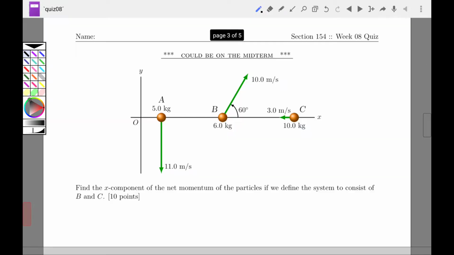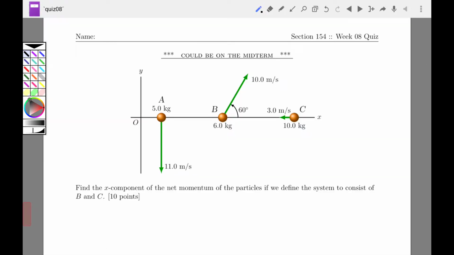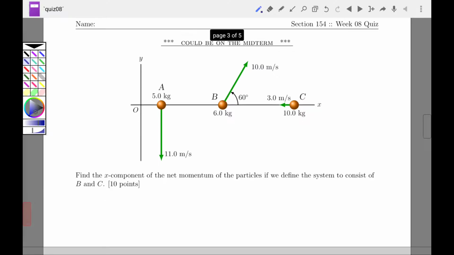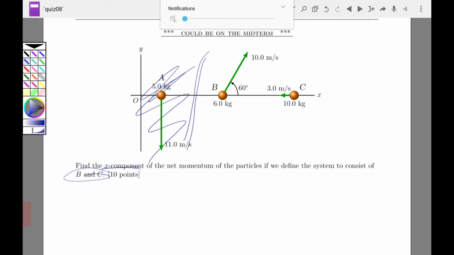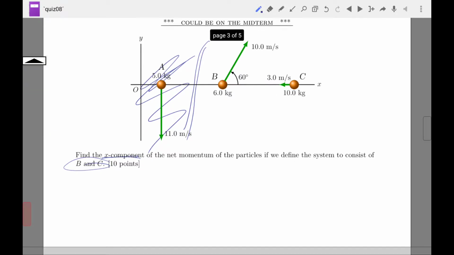Alright, so next section, 154. Find the x component of the system's B and C. So don't look at that, just those two. Both of them have an x component.